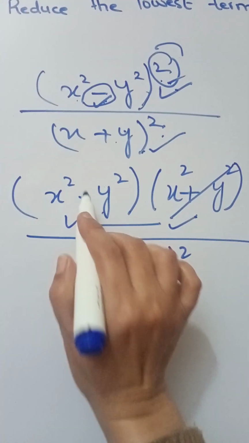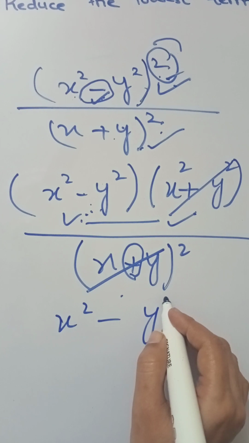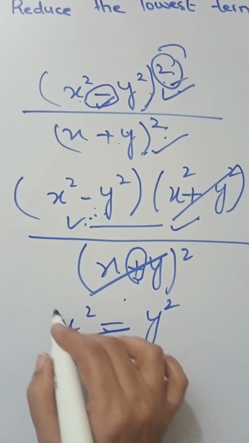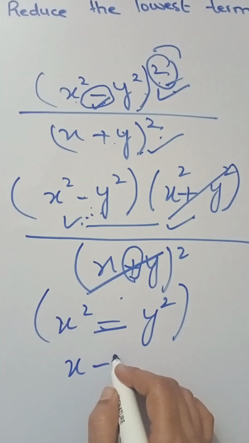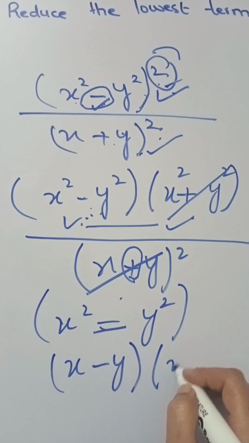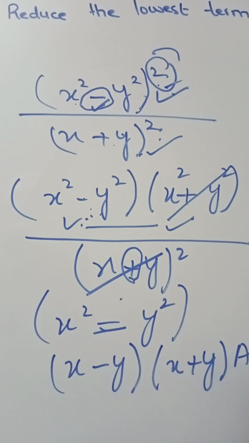Now we have two terms. Afterwards we have to see that it has a minus sign. So in one bracket we take the minus sign, and in the other bracket we take the plus sign.